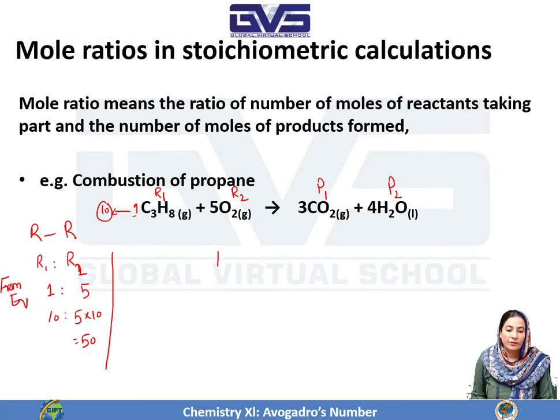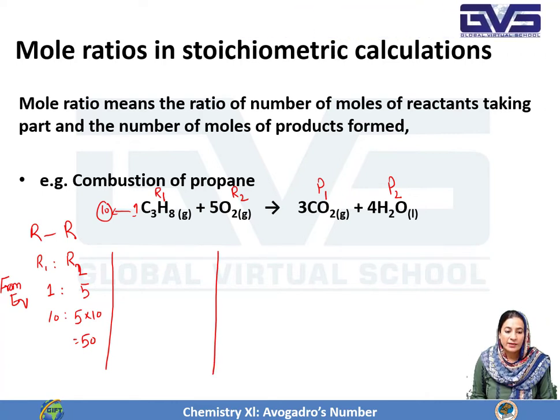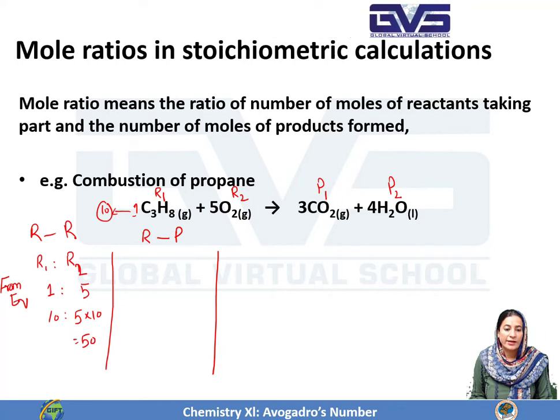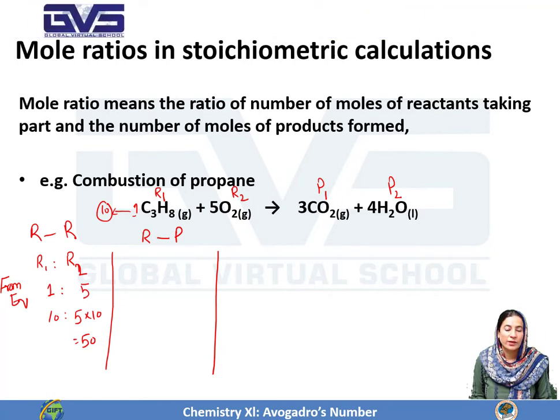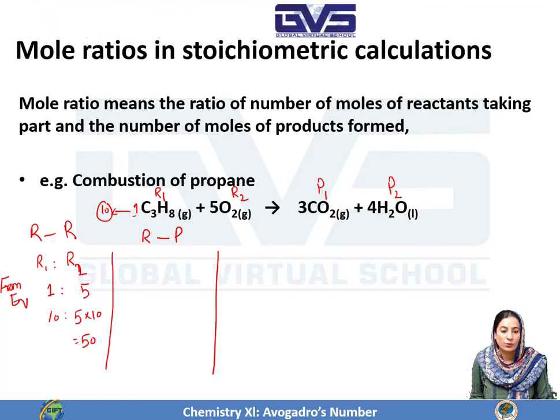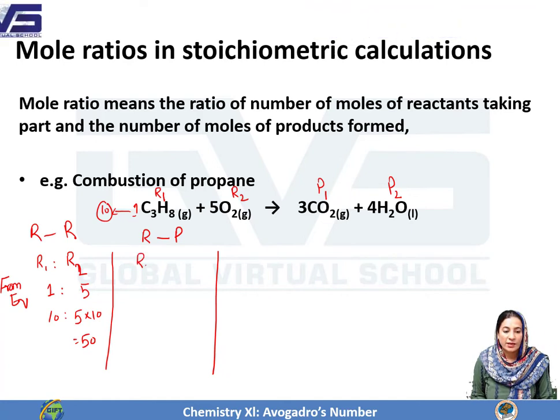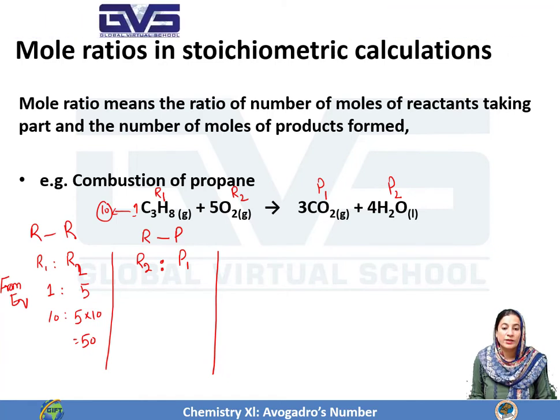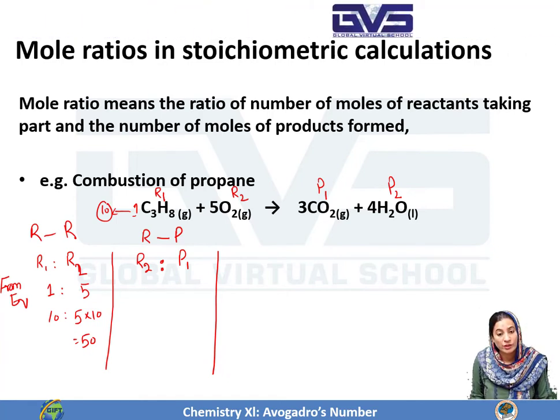Similarly, the other relation is the reactant and product relation. I take just a random reactant. You can take R1, you can take R2. So I am just taking R2 to product like P1. Randomly just taking any product. You can take even P2 and find the mole ratio.